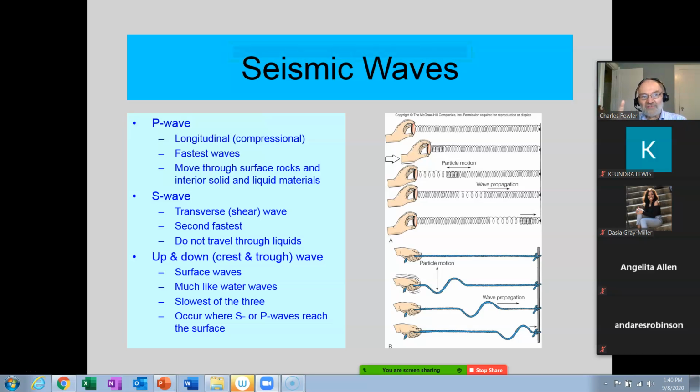No, gases are also fluids. You don't have to be a liquid to be a fluid. A fluid could be either a liquid or a gas, and P waves will go through solids and fluids. S waves, however, only go through solids. They do not travel through liquids.